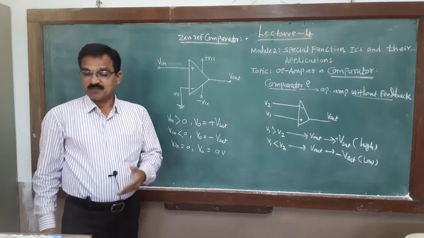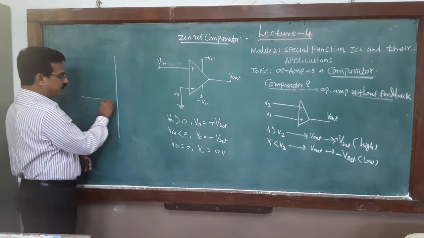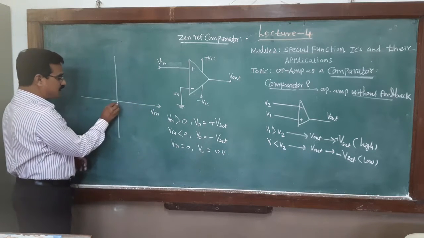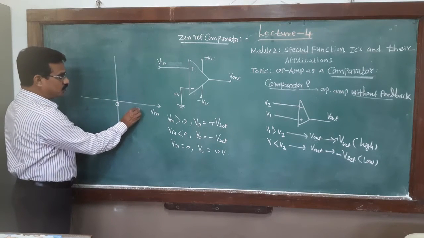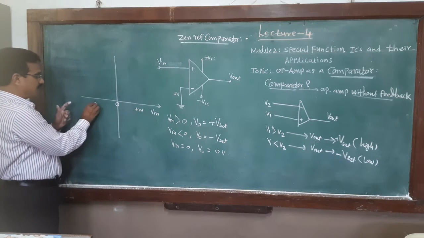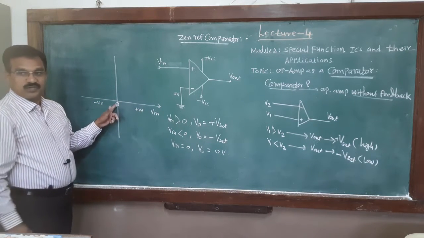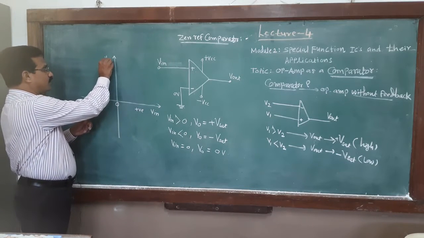Here is the simple waveform we can draw. Suppose here the input is 0. From this side the input is positive, and from this side the input is negative. When the input voltage is 0, the output is 0. The output is in this direction, V out.